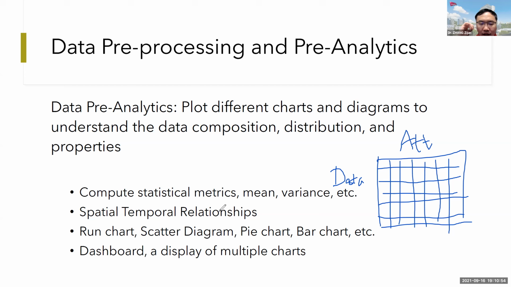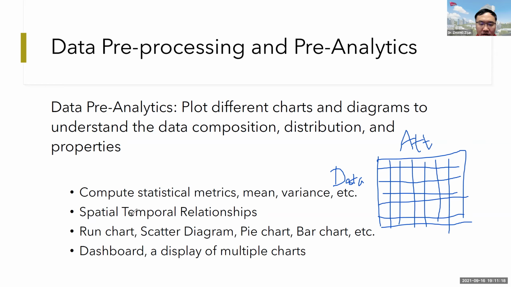And also you need to check whether there are some spatial temporal relationships among those data. For example, are the attributes correlated in terms of spatial meaning? And are the data indexed by time so that they are ordered and have some temporal relationship?